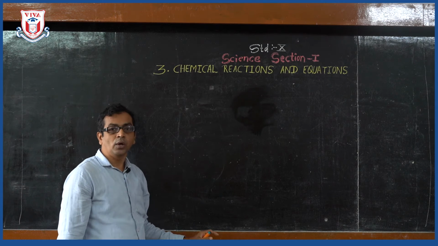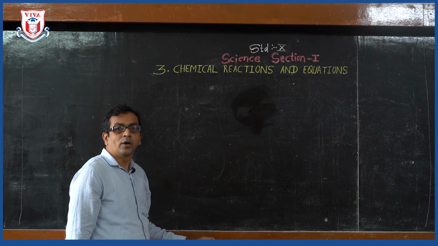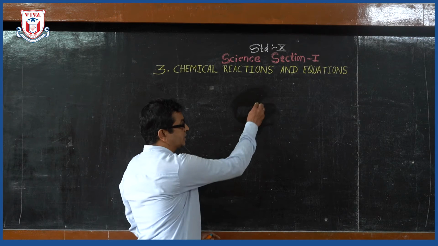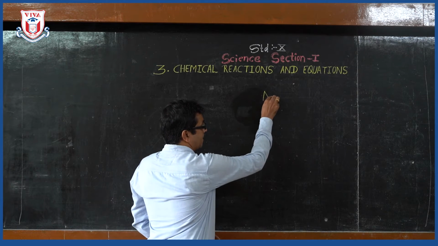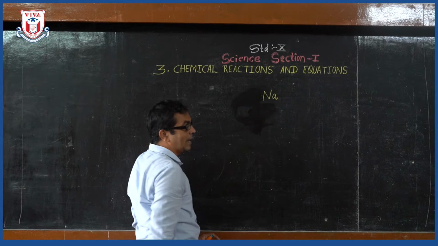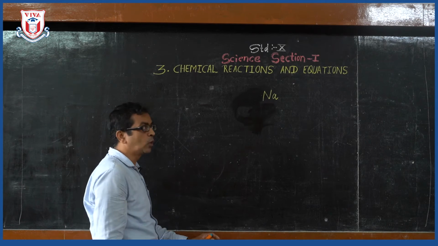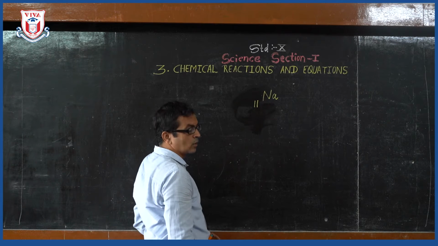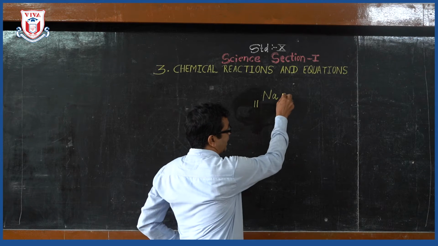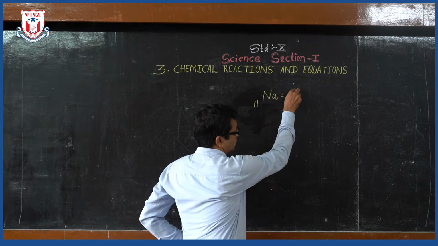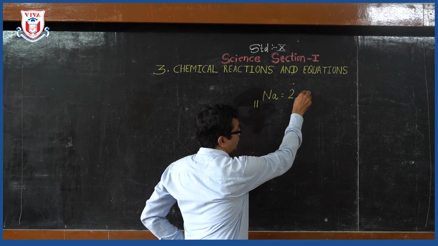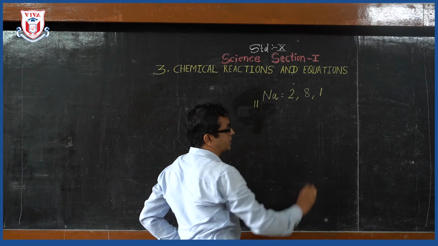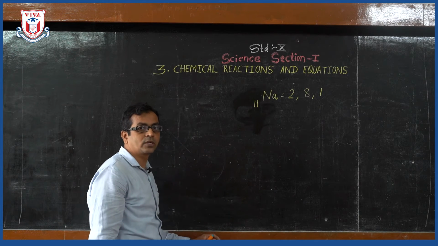You know the symbol of sodium. What is the symbol of sodium? The symbol of sodium is Na. Atomic number of sodium is 11. So you write the electronic configuration as 2, 8 and 1 electron present in the outermost shell.